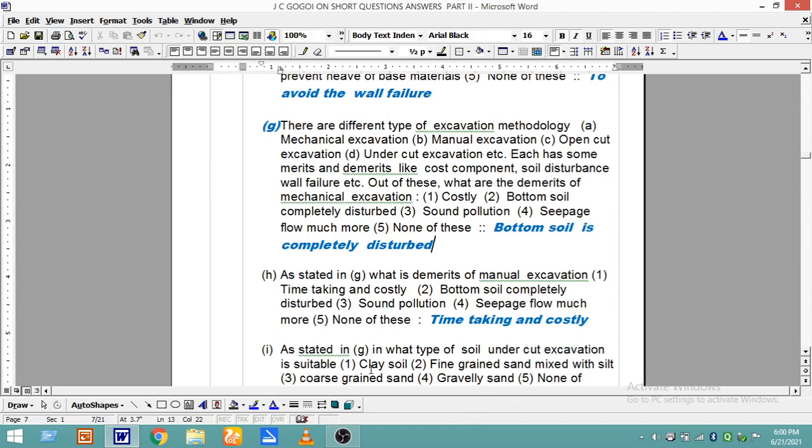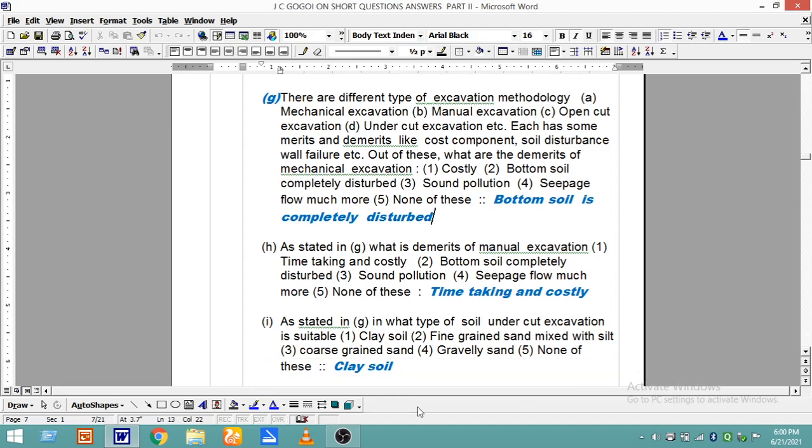In what type of soil is undercut excavation suitable? Clay soil, fine grained sand mixed with silt, coarse grained sand, gravelly sand, none of this.